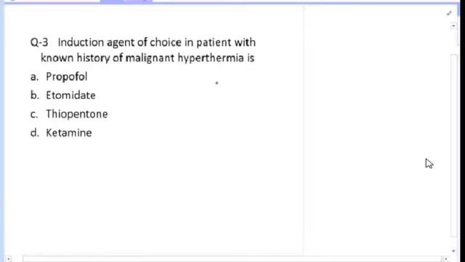Now, question number 3. Induction agent of choice in patients with history of malignant hyperthermia is.